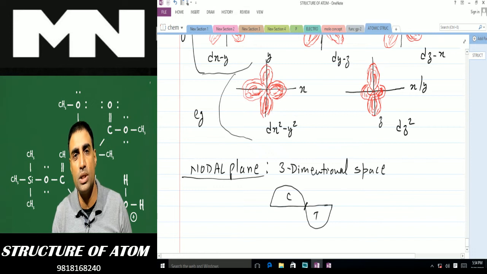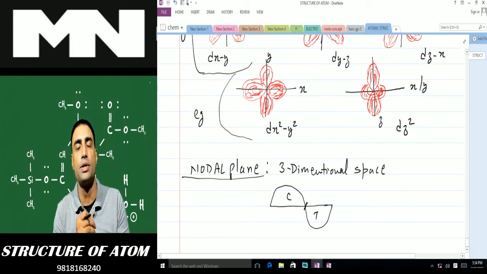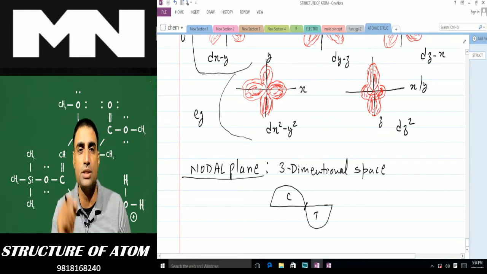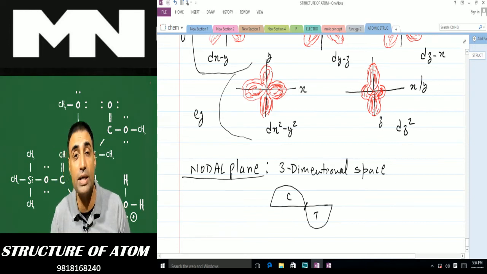So again, what is a nodal plane? It is the 3D space around the nucleus where the probability of finding an electron is almost 0. Never say 0, because the probability of finding an electron can never be 0. It is such a small negative charge which you can find anywhere.